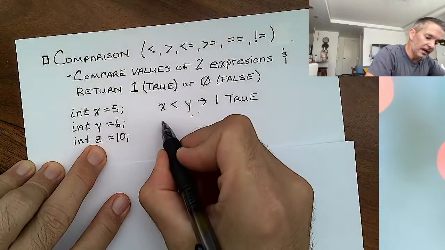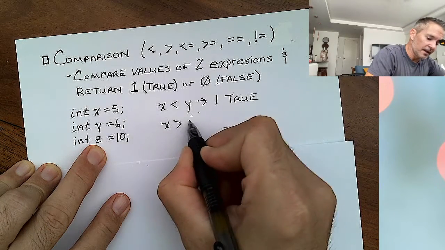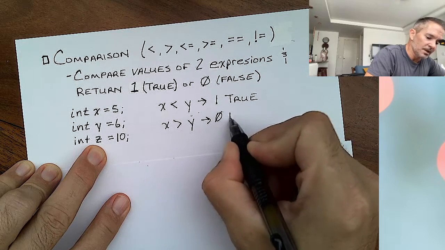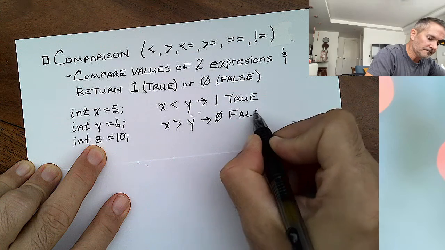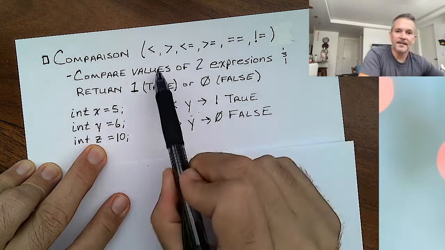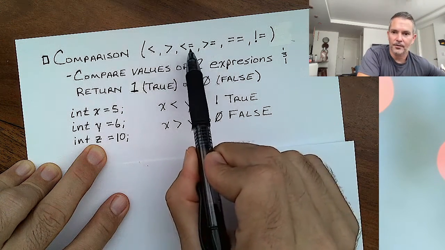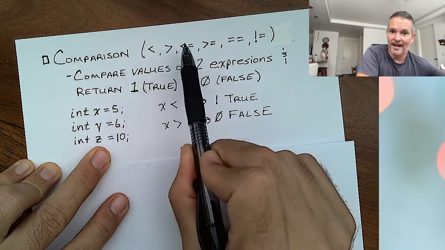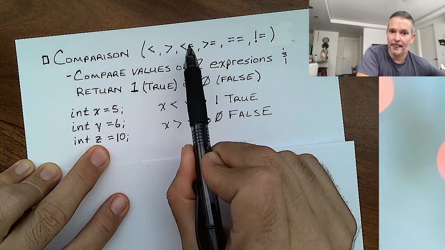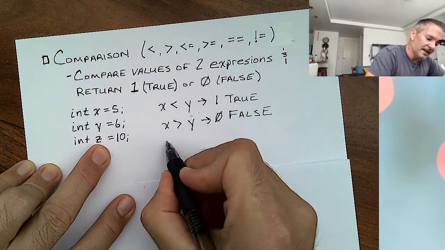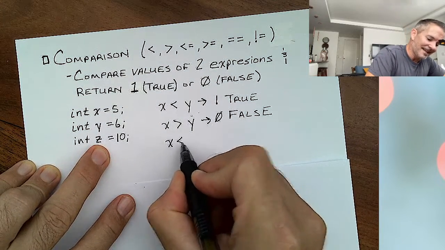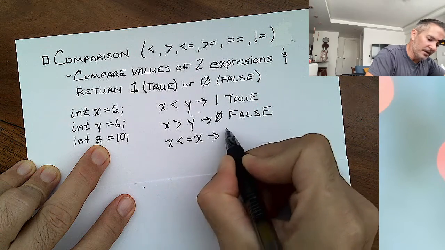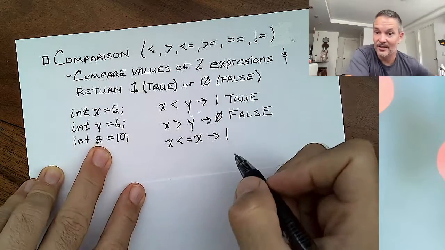However, if I flipped it around and I said x is greater than y, well, obviously I would get a 0, which means false. So these operators here can be used, and they do exactly what you would think. If you ask less than or equals, I could say, is x less than or equal to itself? And the answer that would come back would be, yeah, x is less than or equal to itself.